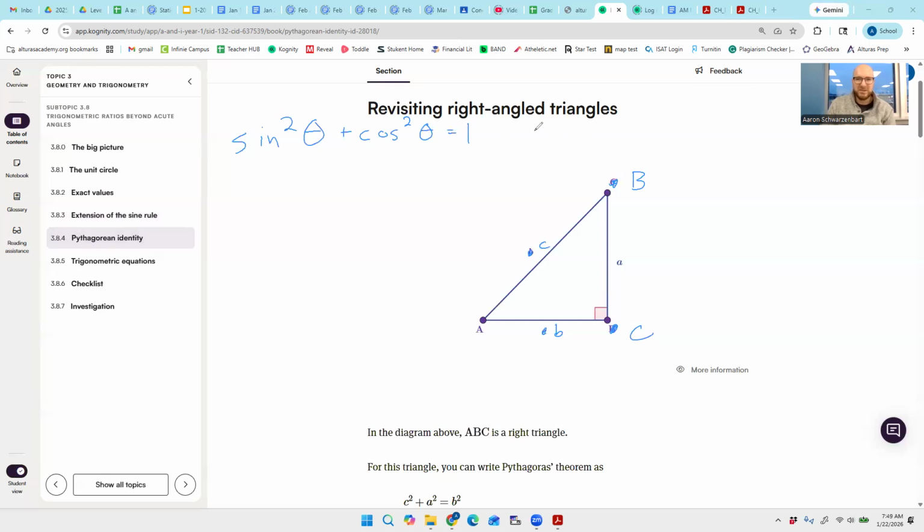1. We have the other forms where we subtract cosine squared from both sides, or you subtract sine squared from both sides and you get this. Or what if we decide to divide both sides by sine squared?